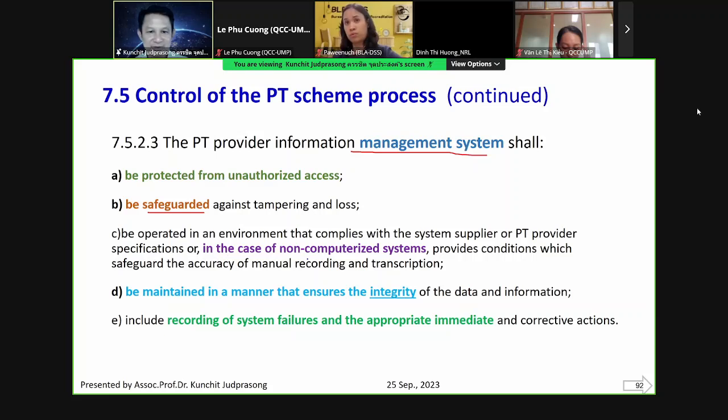In the case of a non-computerized system, provide conditions that safeguard the accuracy of manual records and transcription. So if you have to specify the environment, you have to put it into the system, and be maintained in a manner that ensures the integrity of the data and information, and include recording system errors and the appropriate immediate correction. So this is in the management system.